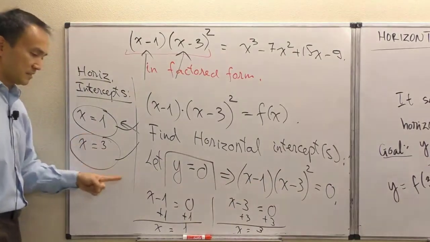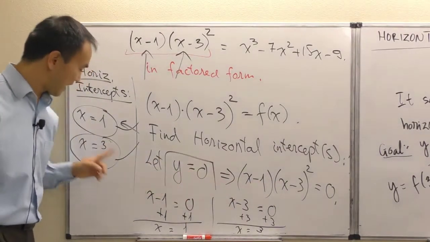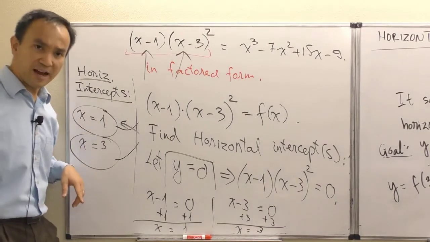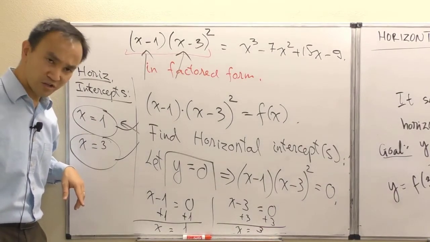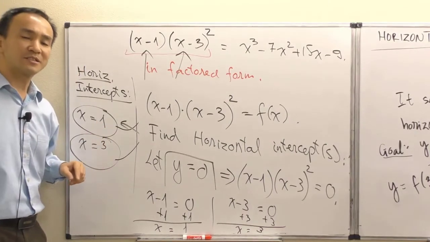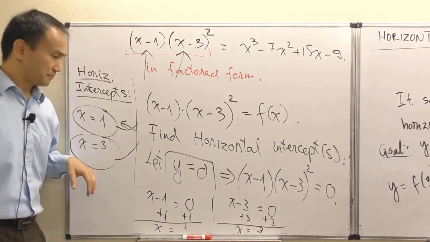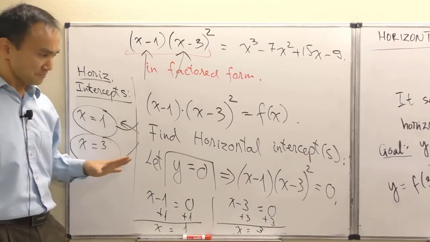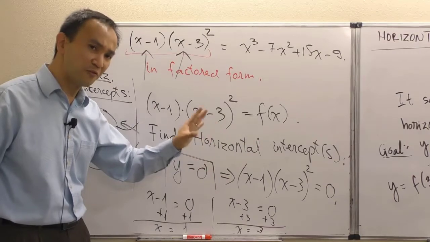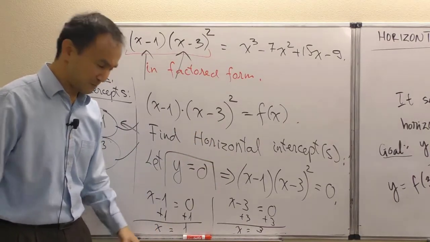Depending on how many unique factors we have, we produce that many x values satisfying the equation equals 0, and those become our horizontal intercepts. So that introduces the factoring method to find a horizontal intercept.